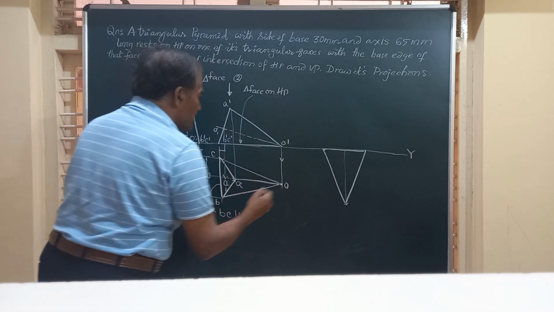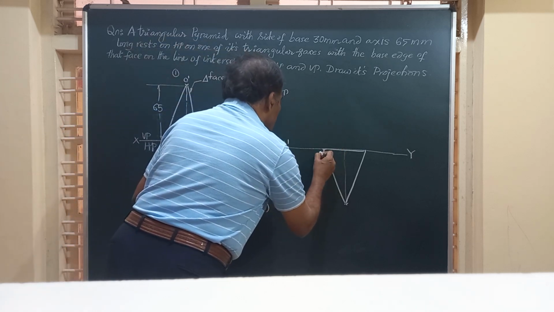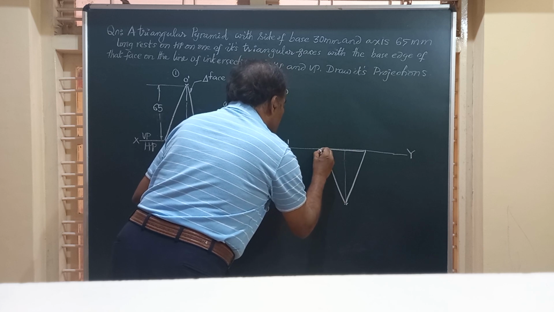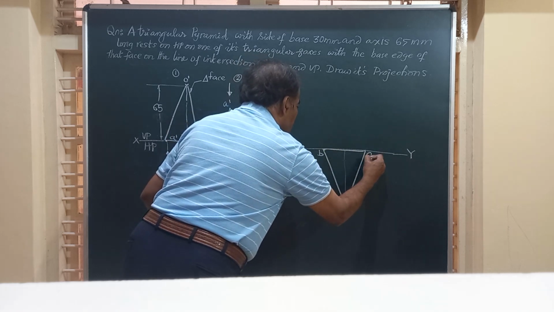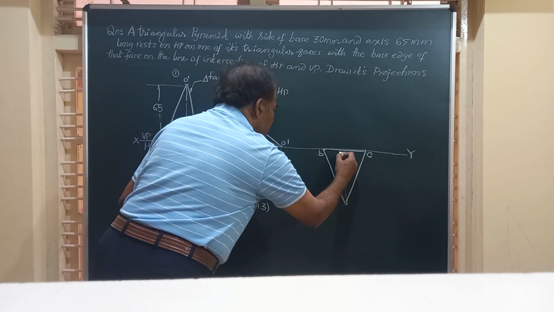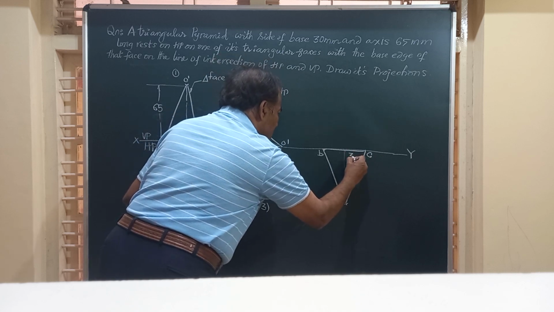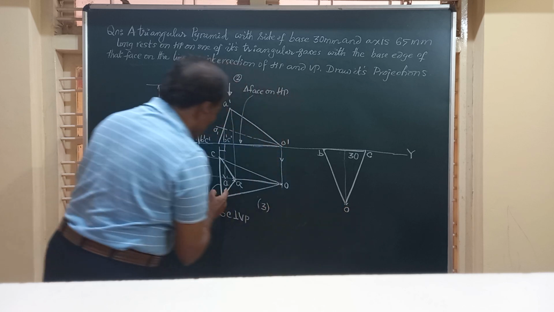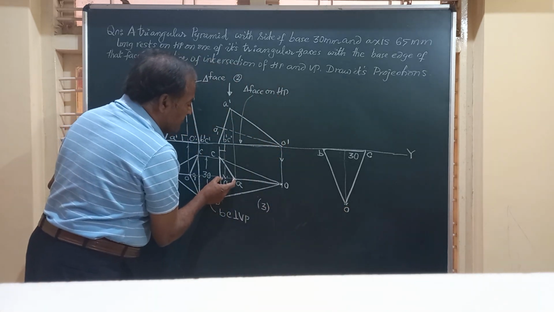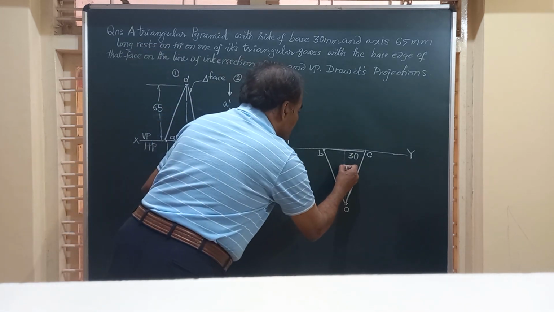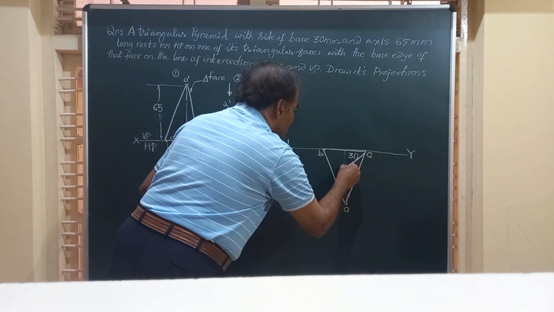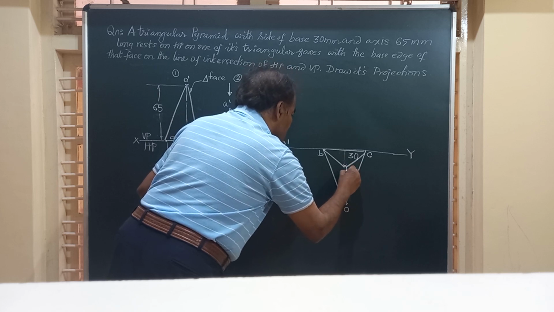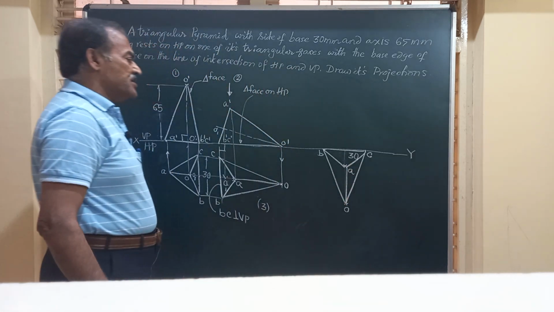This is C, and this is B. This is point C, the shorter edge, which is again measuring 30 mm, on the XY line. This is point O. We locate A at this distance from BC, and I will just mark here, that is our point A. So this is O to A joined by a vertical line.